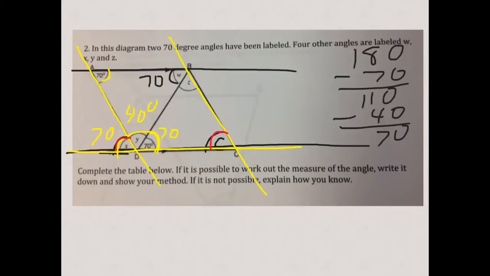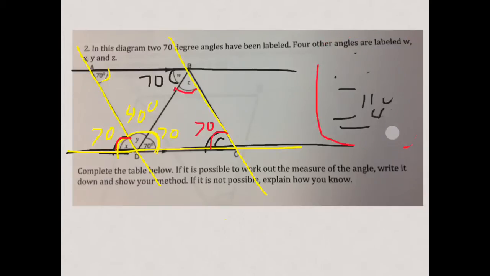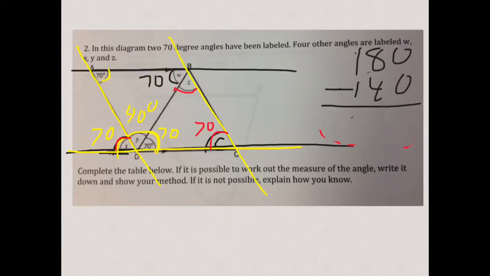So if X is 70, that must mean that C is 70, meaning that Z is what? Well, we just did that right now. Actually, we did that earlier with a different problem. Sorry about that. But 70 is 140. So take 140 from 180, and you're left with 40.